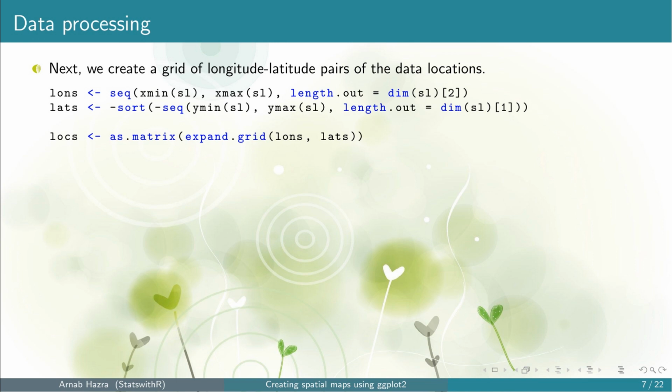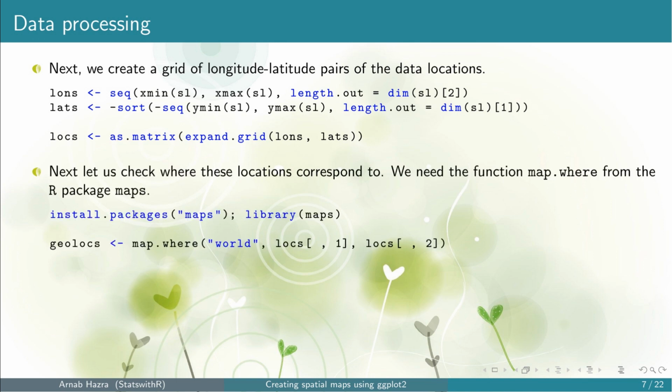Also, note that we create the grid in the descending order. This is important, otherwise the image will be flipped. Next, using the function expand.grid, we create the coordinates from the sets of longitudes and latitudes and store them into the matrix locs. Each row of locs represents a longitude-latitude pair.